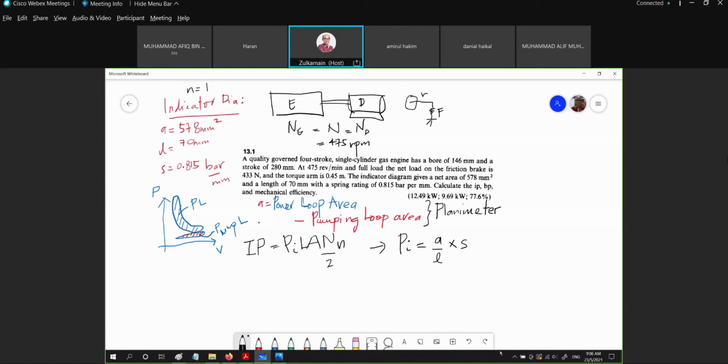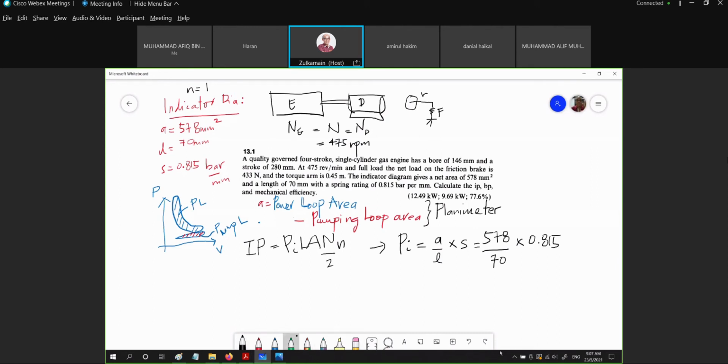Okay. So kita masukkan nilai-nilainya. What is our A? 578 divided by kita punya L adalah 70 kalikan dengan S kita adalah 0.815. Lihat dari segi unit dia.